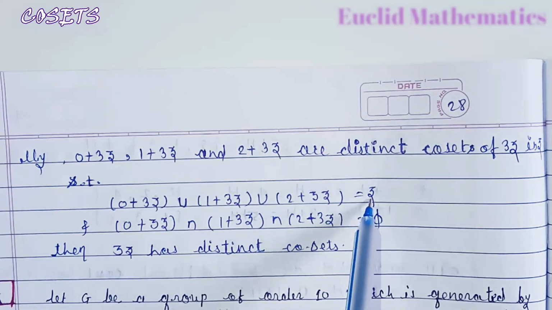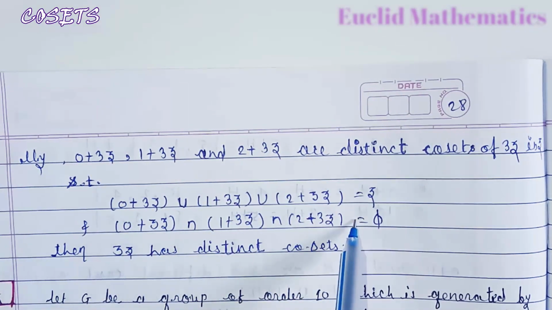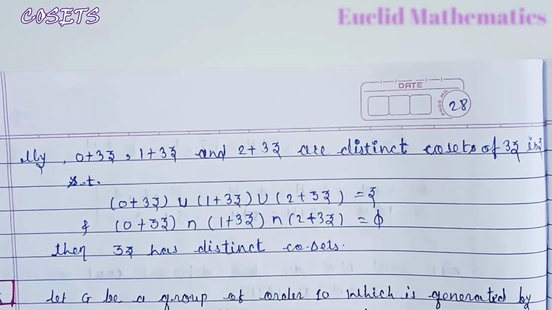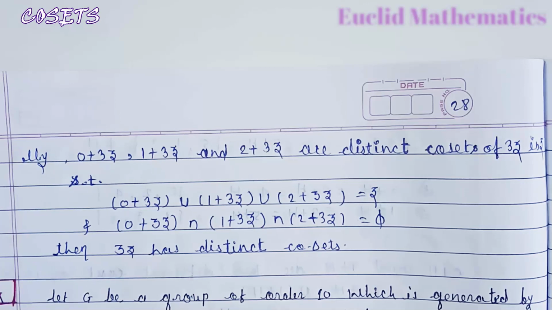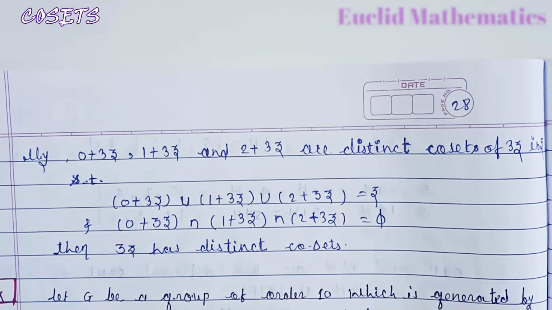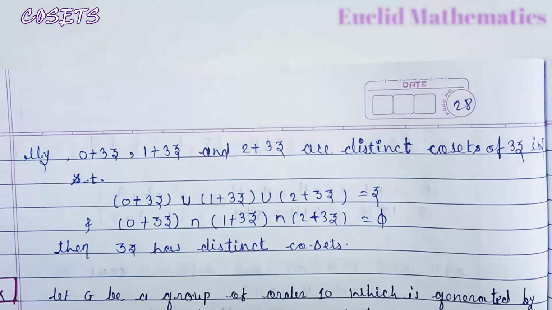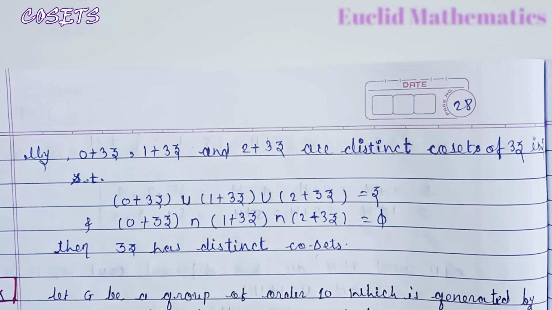If we take their union, we get the group G, and if we take the intersection of 0 plus 3Z and 1 plus 3Z, we get the empty set. This is the property of cosets: the union of all cosets is the group G, and the intersection of distinct cosets is the empty set. So 3Z has three distinct cosets.